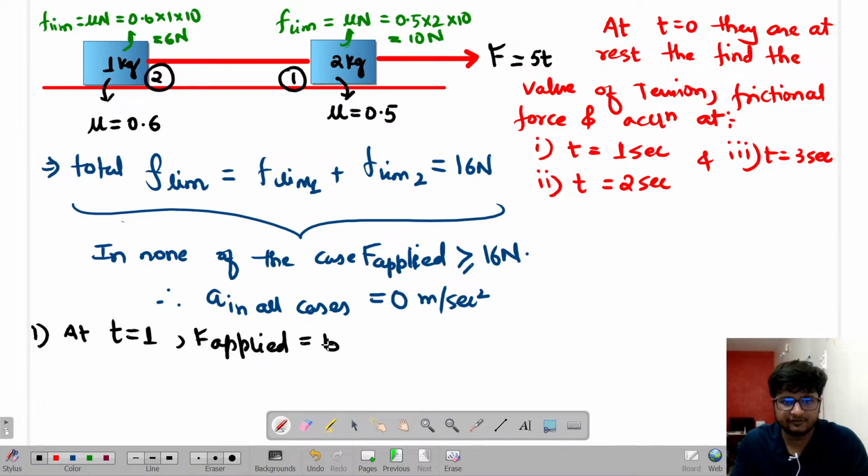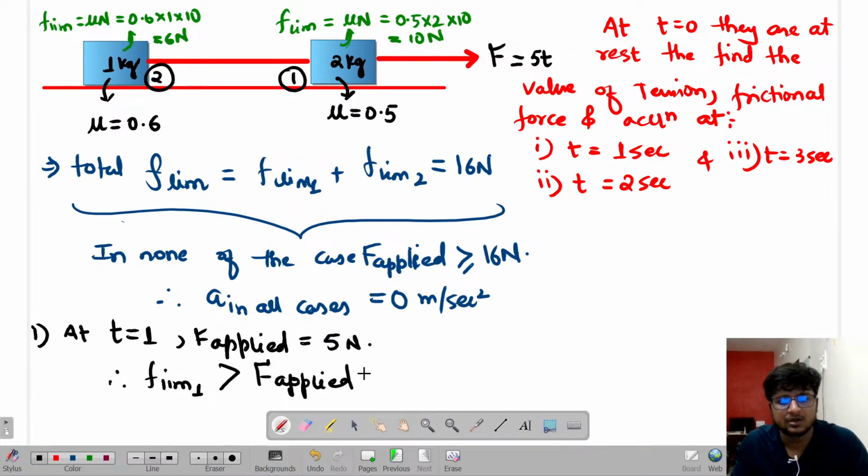Basically 5 Newton, correct? Now look over here, the limiting force of my first block itself is more than my F applied or not? So F limiting of 1 is more than F applied.